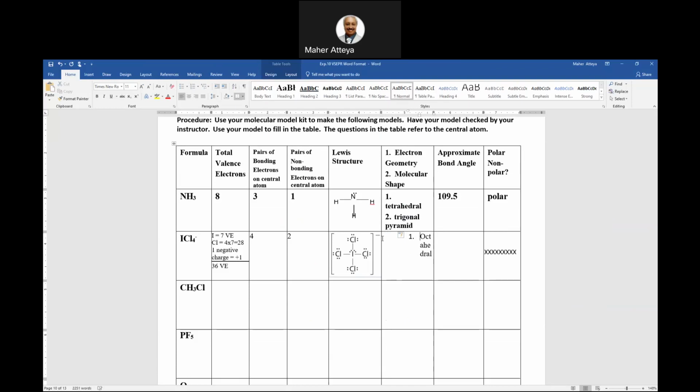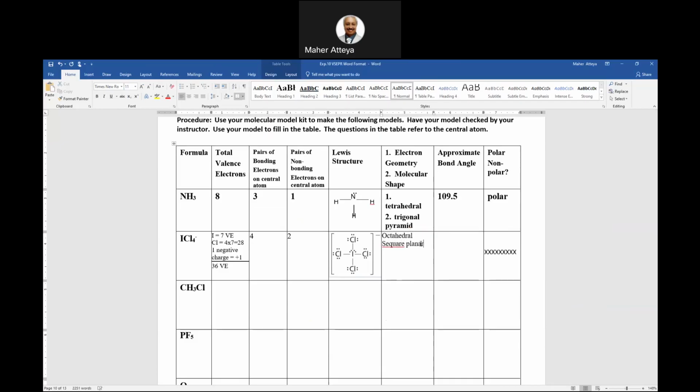So just put octahedral here. This is electron. So the molecular is square planar.